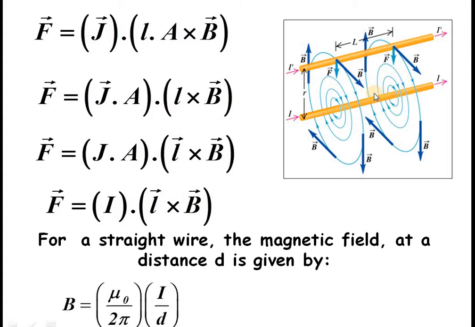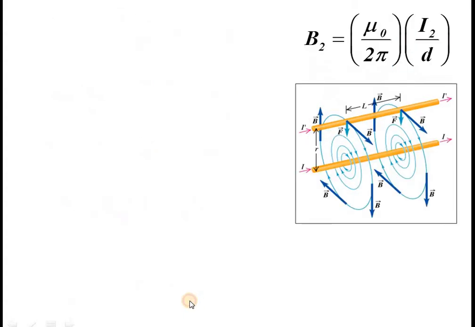And for a straight wire, the magnetic field is given by mu 0 upon 2 pi into I by D. This is applicable for this B, because wire 1 is in the magnetic field of wire 2. Similarly, wire 2 is in the magnetic field of wire 1. Both are equally right. So let us remove this B, and instead of B we can place this expression.